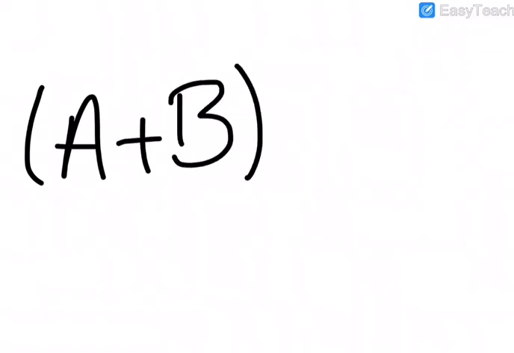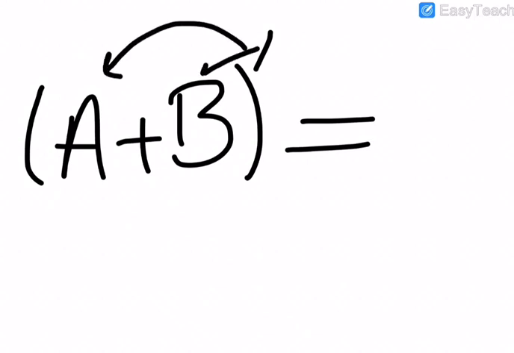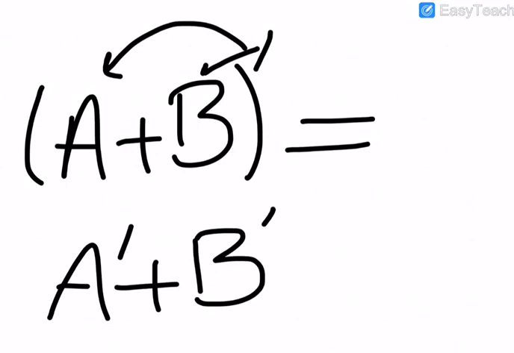Now the other property is, if you add two matrices A and B and then take the transpose, guess what? This transpose is going to go to each of them. So it's going to be A prime plus B prime, right? That's cool. So we say that the transposition is also a distributive property.